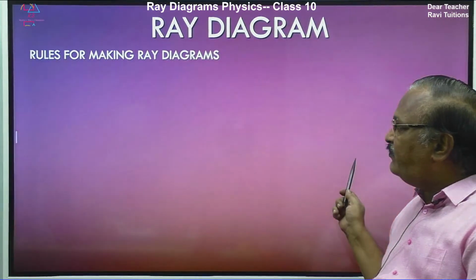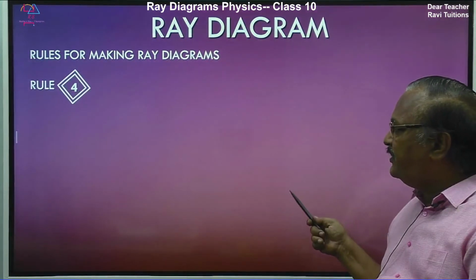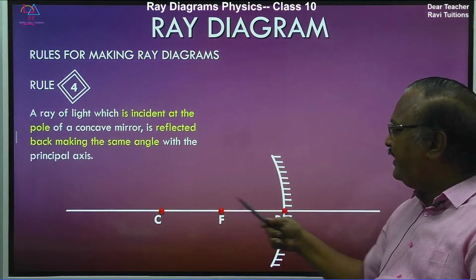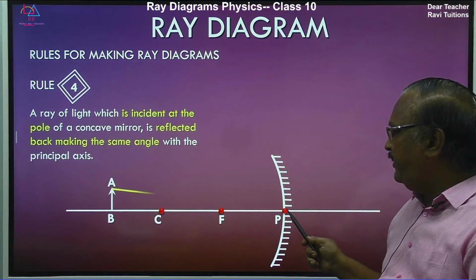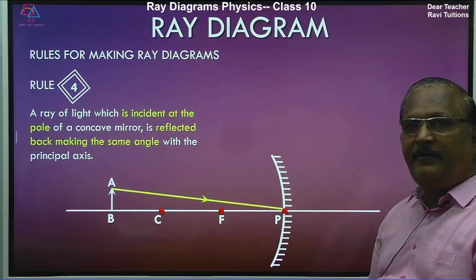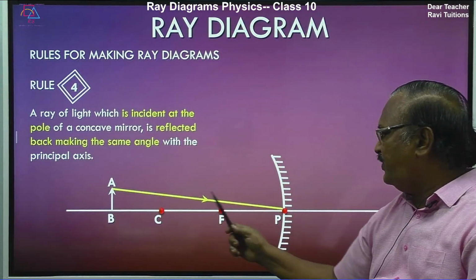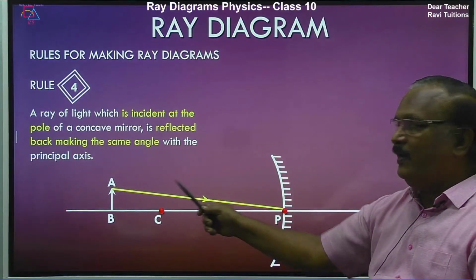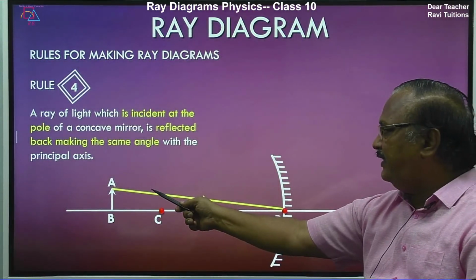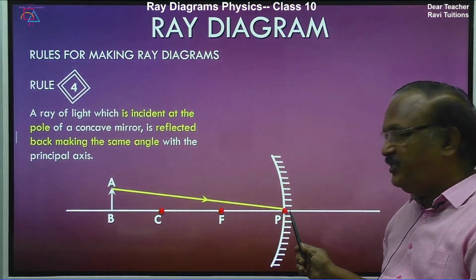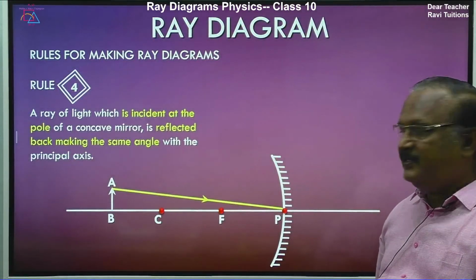Now let us see the fourth case also. What is the fourth case? What happens if the ray directly falls on P? Center of curvature is over, focus is over, parallel line is over, and finally if a ray is touching P, what happens?